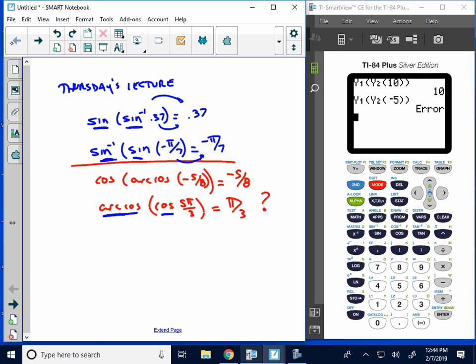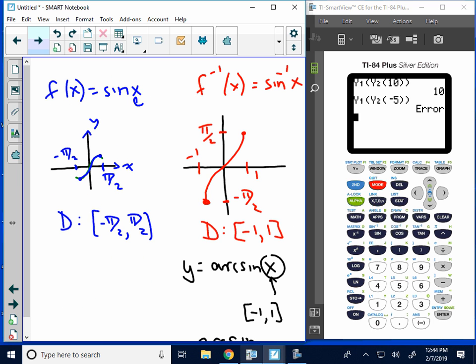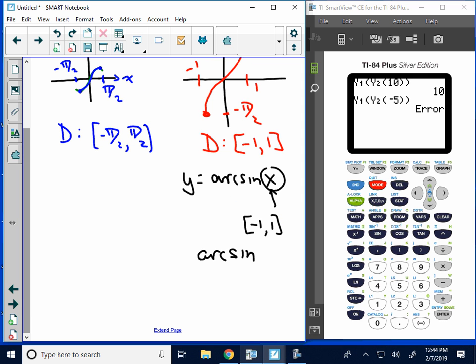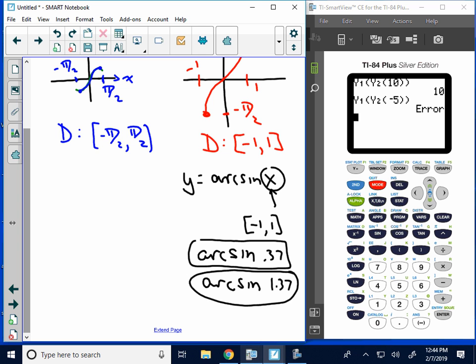Tell me the arc that has a sine of 0.37. That certainly makes sense to do. On the other hand, if I said, tell me the arc that has a sine of 1.37, this is impossible, right? You can't do that. There is no arc or angle that has a sine of 1.37, so this is not allowed.